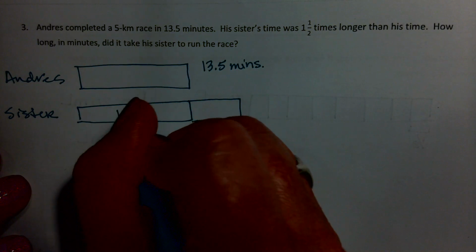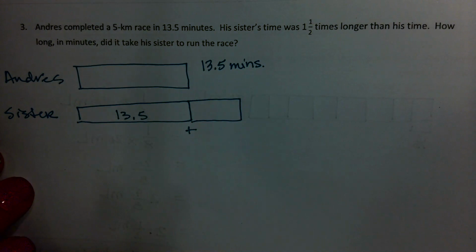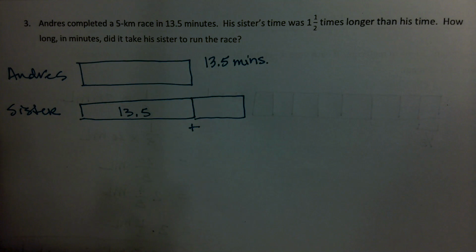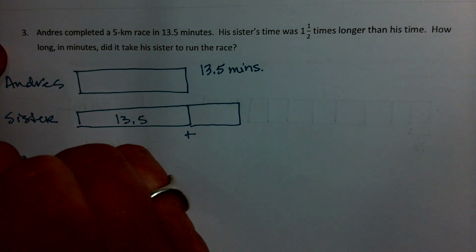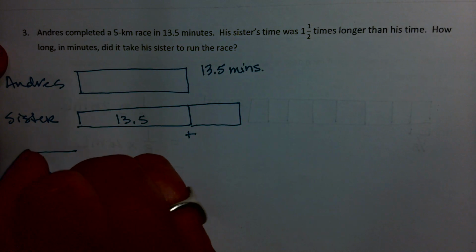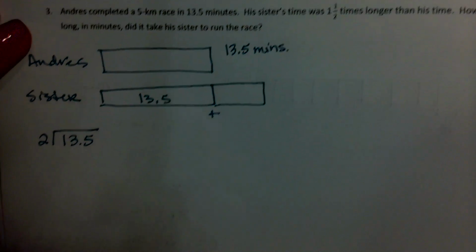So 13.5 plus a half more. So how are we going to find out that half? Well, you could always start off by going 2 divide by 13.5 and find that half.